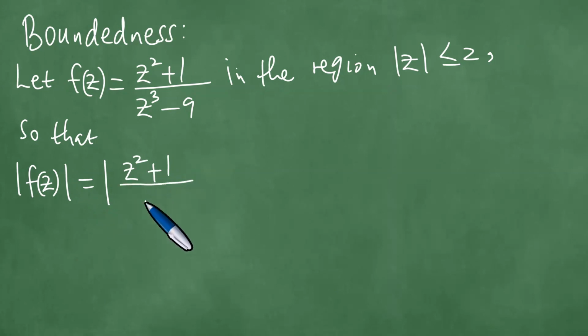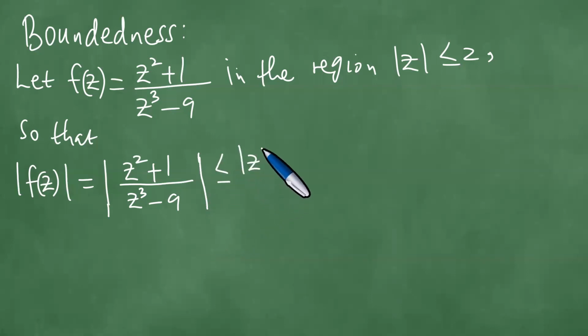And this is less or equal to the modulus of z squared plus 1 by using the triangle inequality.